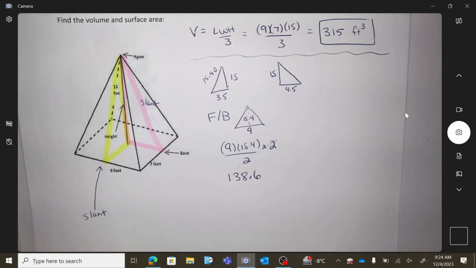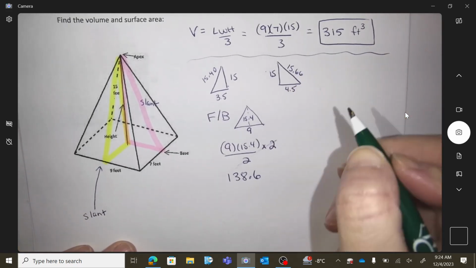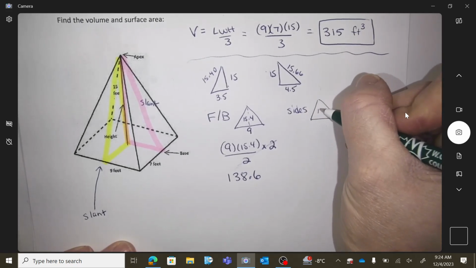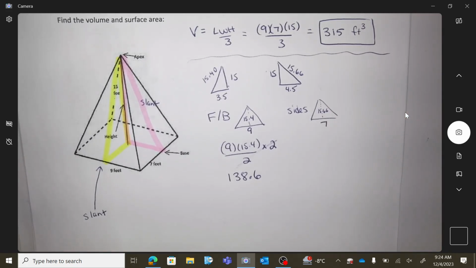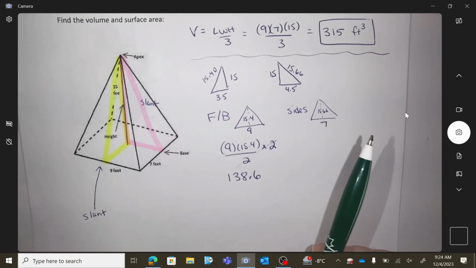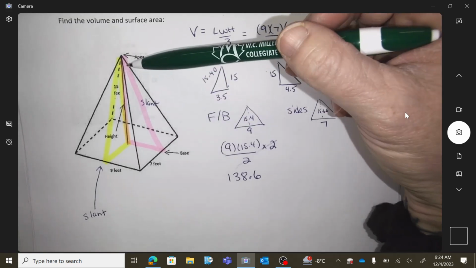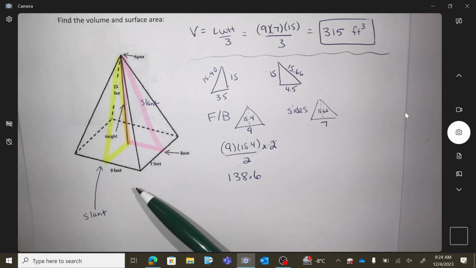So the Pythagorean on that. So 15.66 is this pink slant, and then along the bottom of that triangle is a 7.